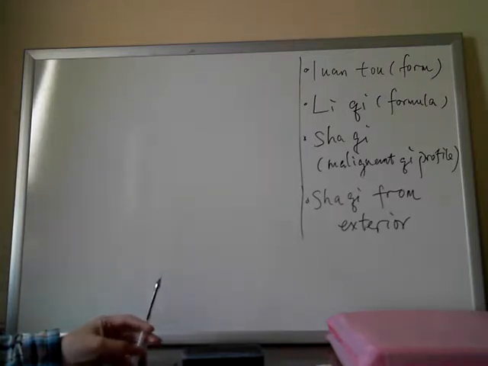So that is the arrangement. Like you also can calculate your life diagram and calculate which orientation, which direction is auspicious for you, which is inauspicious for you, and then based on that, you arrange your desk. You tilt your desk such that you are facing the auspicious orientation. So the desk is luan tou, it's a form.